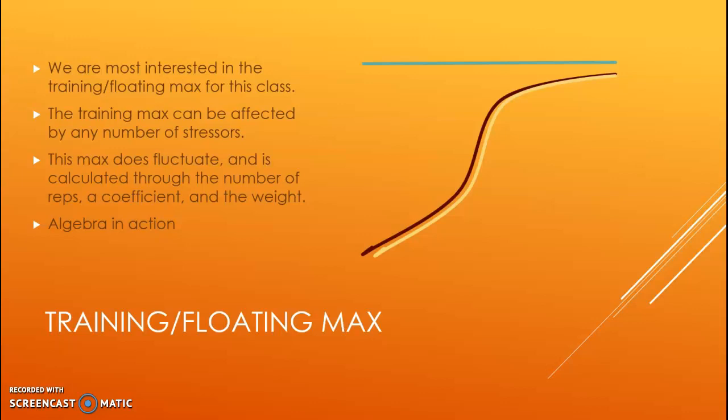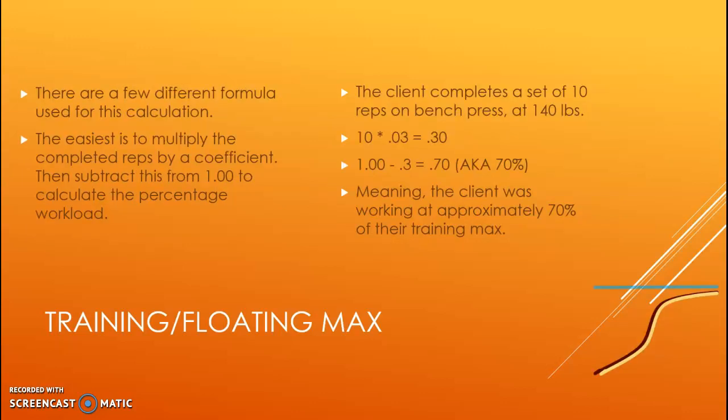What do I max? What is my max on bench press? Because you can take information that you have at your fingertips and really map it out. Now, this coefficient does change depending if you're doing 15 reps all the way down to 1 rep. But for this class, and just for sake of conversation, this is about the easiest way to calculate this out.